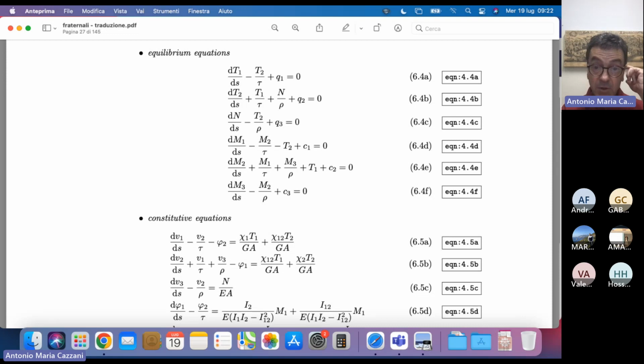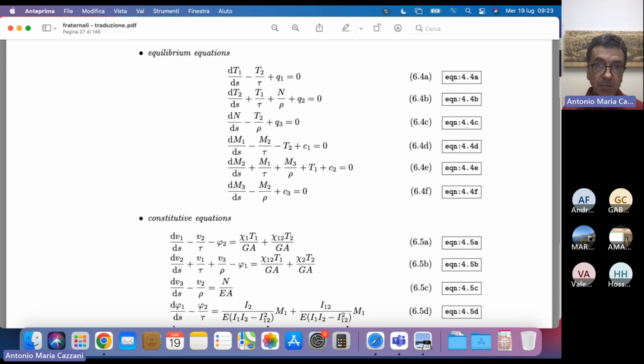Then, by using the principle of virtual work, we have been able to devise governing equations, which come in different flavors, because we have some field equations which must hold for any point of the arc length. And then we have some boundary conditions which depend instead only on the two left and right ends of the beam.